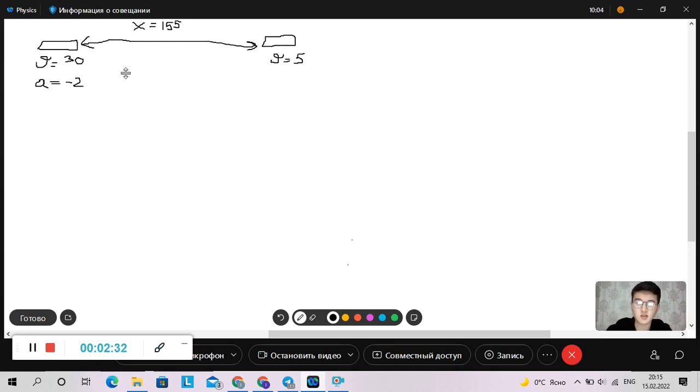Okay, we need to find at what time the collision will happen. I will first find the distance of the van, x2. The first distance is 155 meters plus vt.